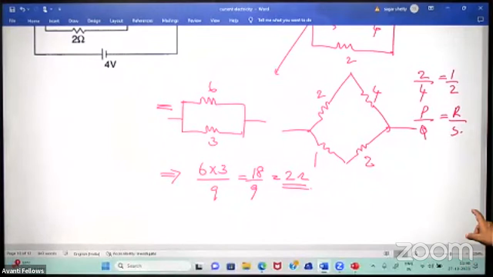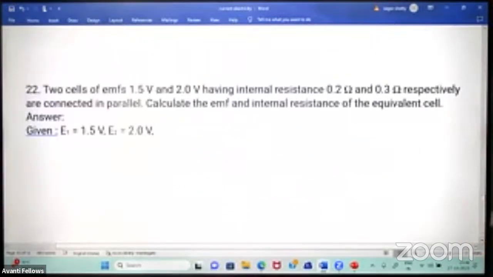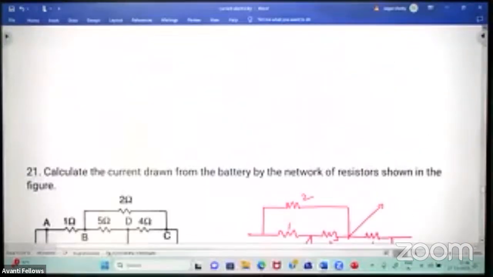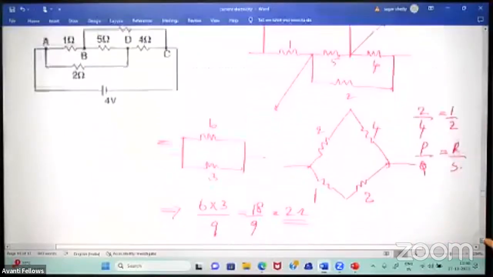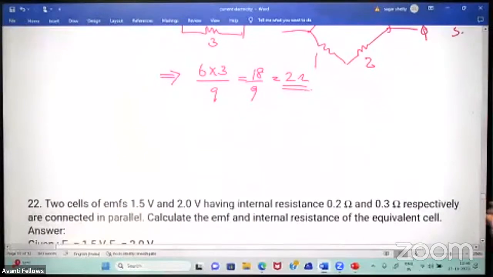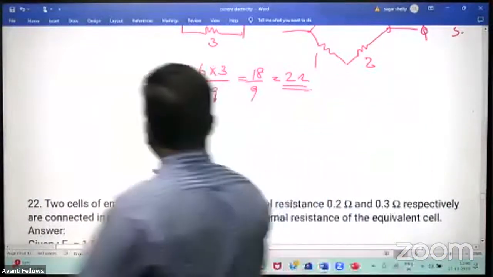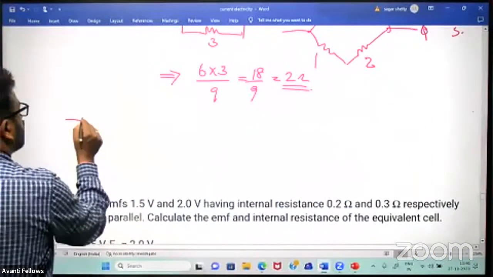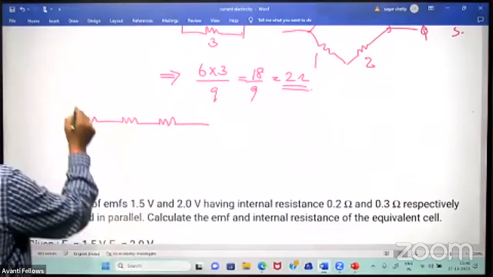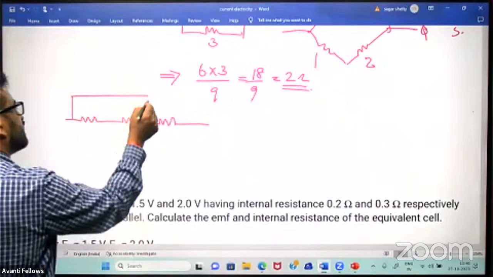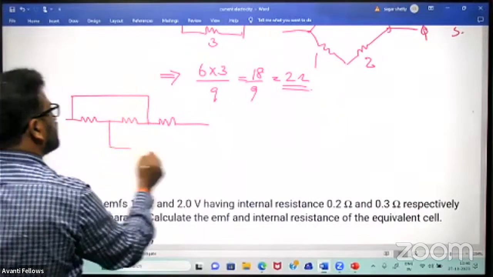In connection with this, there is another problem here. We have 3 resistors and we connect the resistance like this. Previously it was there.